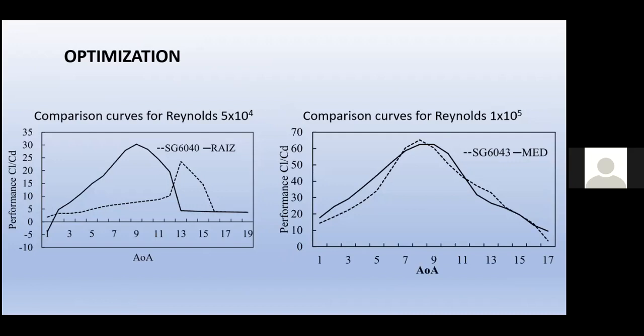Each selected airfoil underwent the same optimization process, from which we can highlight these graphs, where on the left side, we compare the performance based on the lift coefficient over the drag coefficient versus the angle of attack for a Reynolds of 50,000 calculated due to the chord size obtained in a preliminary calculation, and where the airfoils SG6040 and its optimized version called RISE are compared.